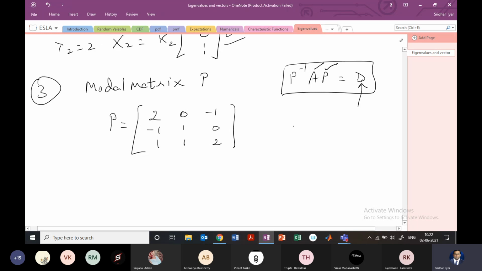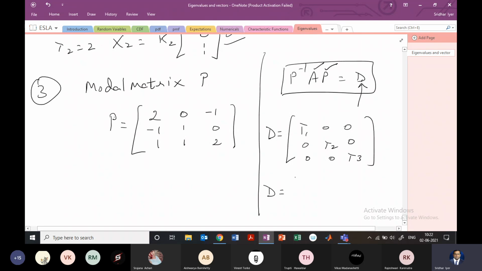That means D will be of the form lambda 1, 0, 0; 0, lambda 2, 0; 0, 0, lambda 3. Lambda 1 is 8, lambda 2 is 2, and lambda 3 is also 2. So we know the value of D.